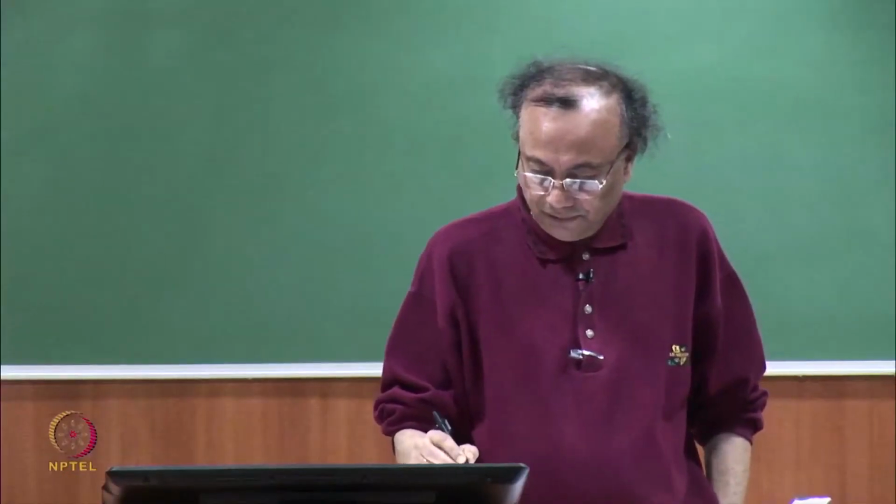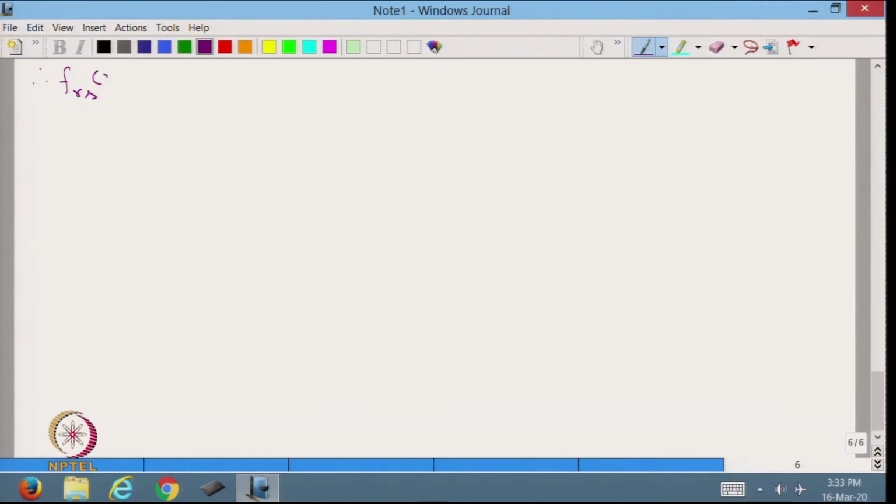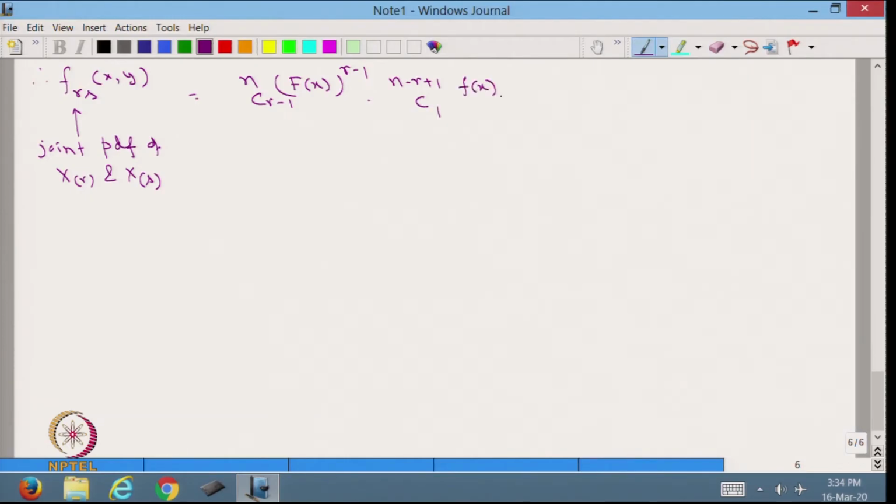Therefore, f_{rs}(x, y), this is the joint PDF of X_r and X_s, is equal to n choose r minus 1, F(x) to the power r minus 1, then out of n minus r plus 1 we choose 1 and we give f(x).